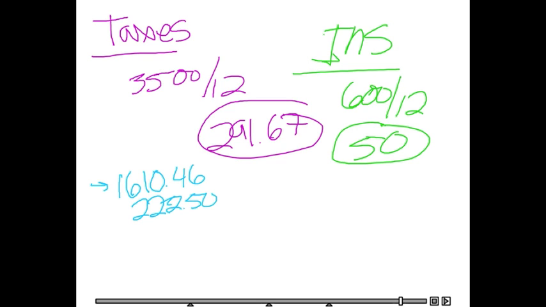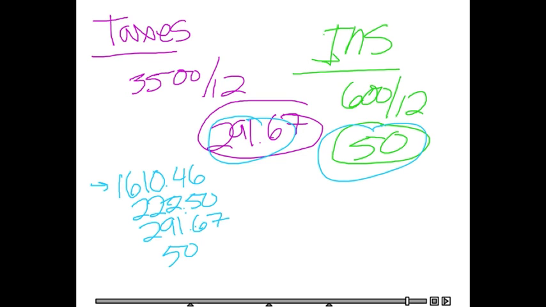We're going to take our tax payment of $291.67 and our insurance payment of $50. We're going to add all those numbers together, and that gives us a total principal, interest, tax, insurance, and mortgage insurance payment of $2,174.63.